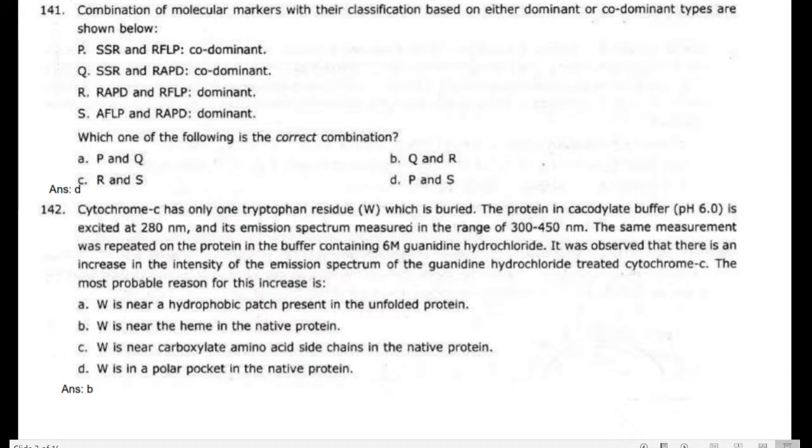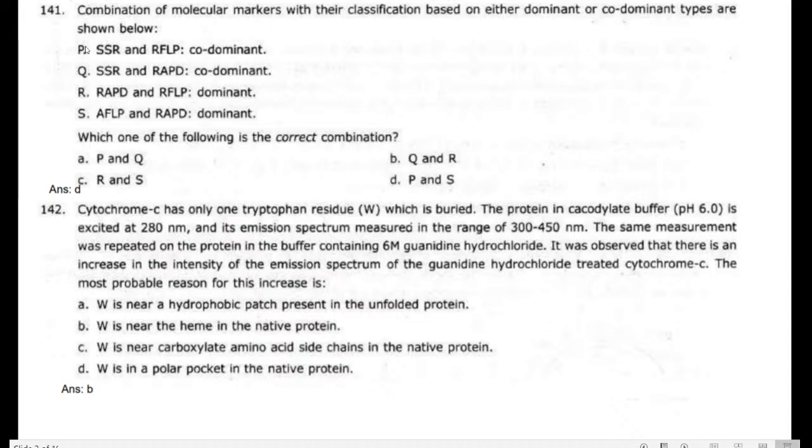This is one marker. The keyword is the classification based on dominant and codominant. Here the correct answer is D, SSR and RFLP.